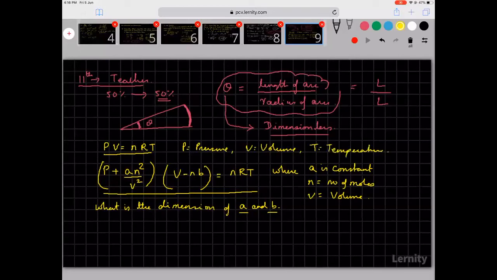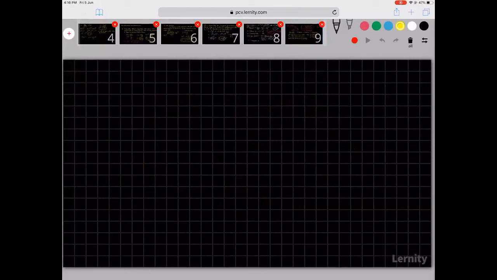And the question is, what are the dimensions of A and B? Can you find out the dimensions of A and B? So this is the question. I will help you do this question. I won't do this five times, I'll just do it once. I expect you to pay attention.